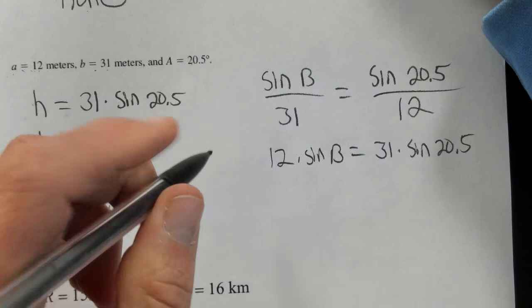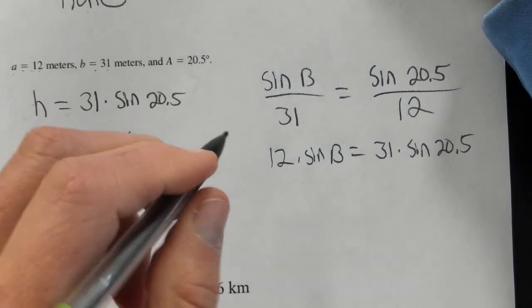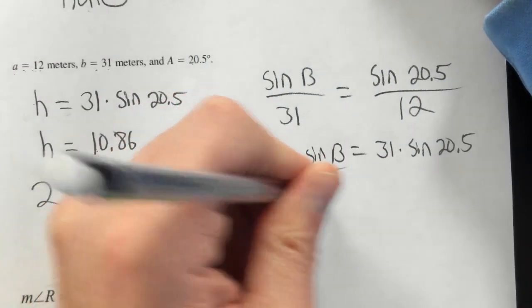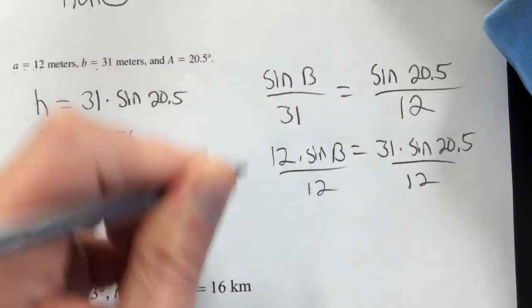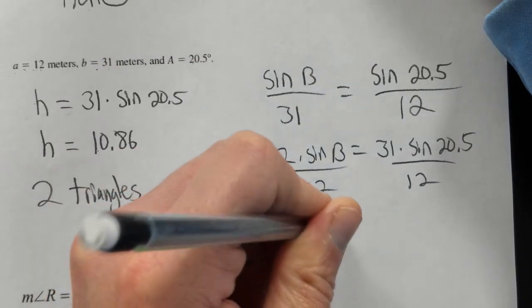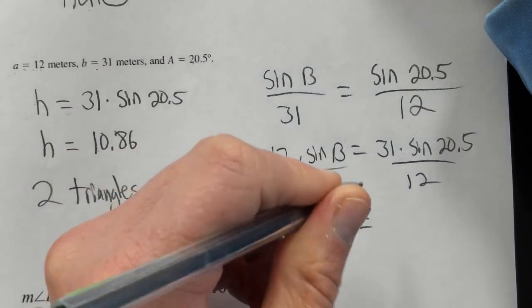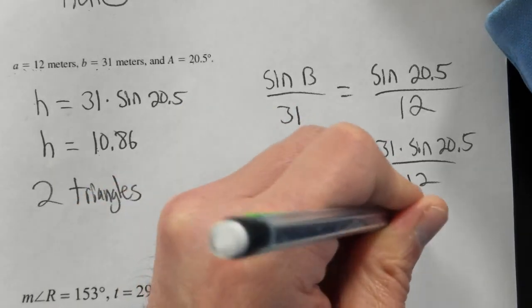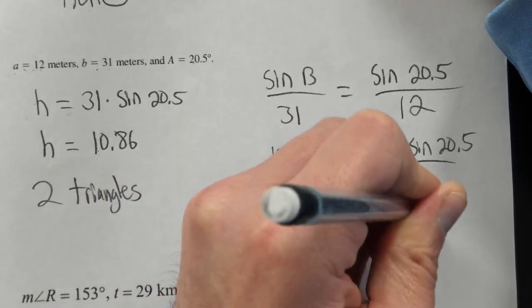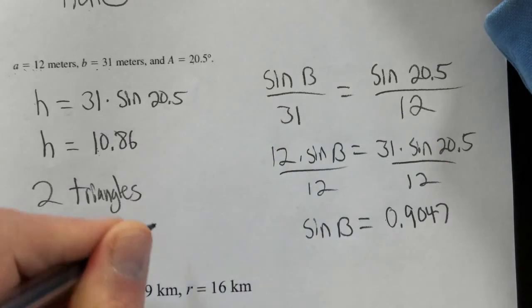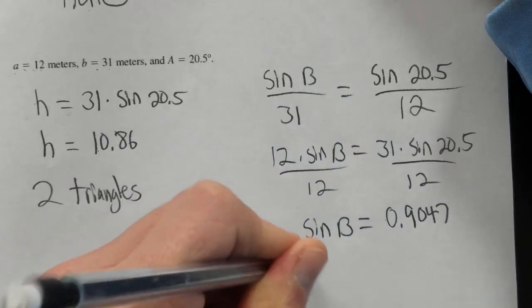Then you'd have to, what else? Divide both sides by 12. And then we'll get the sine of B is equal to 0.9047. Then we can do inverse sine of both sides.